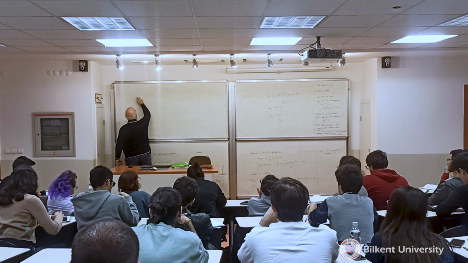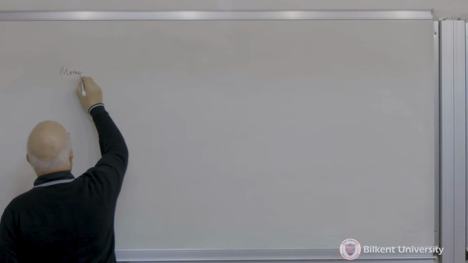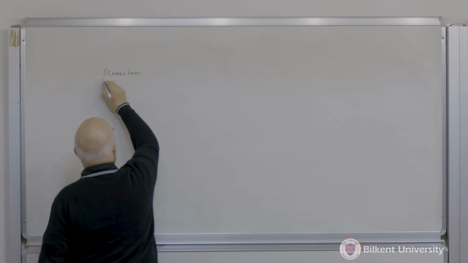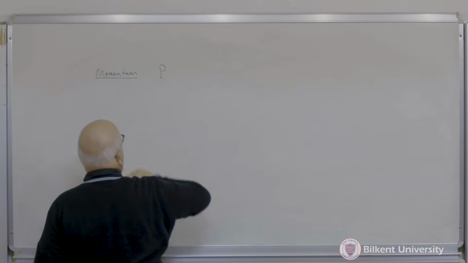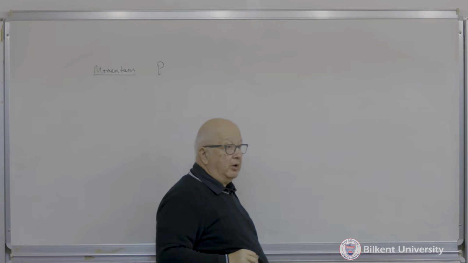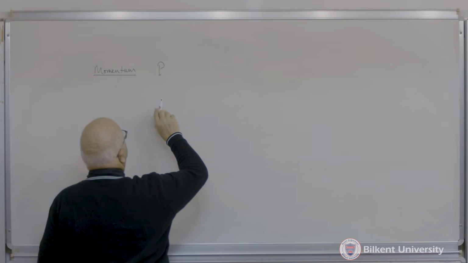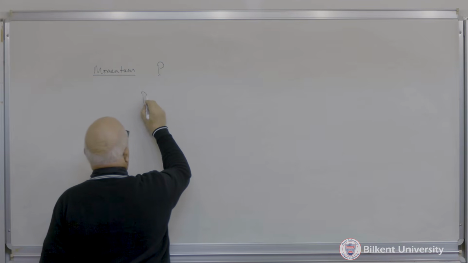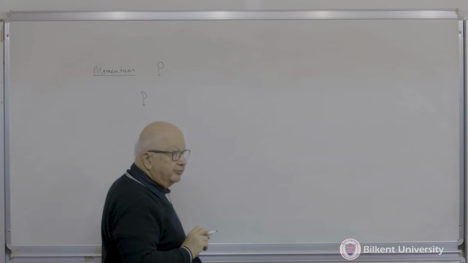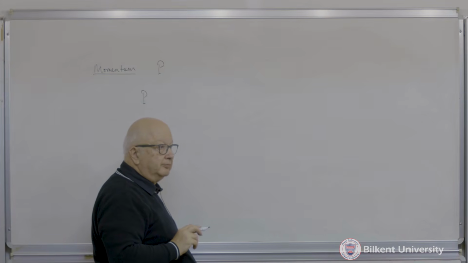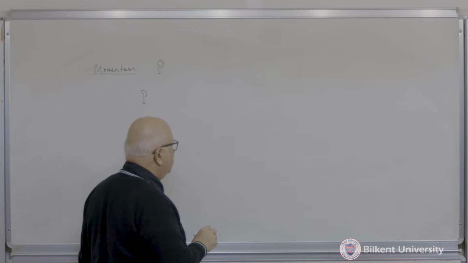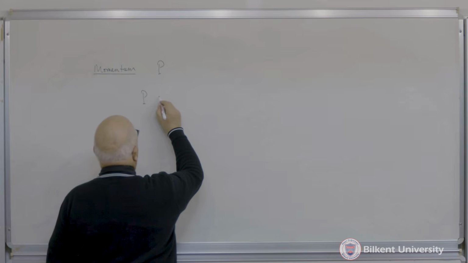The momentum operator is P. We saw that it's Hermitian. So it's going to have eigenstates which look like what? What are the eigenstates of momentum? e to the i k x.